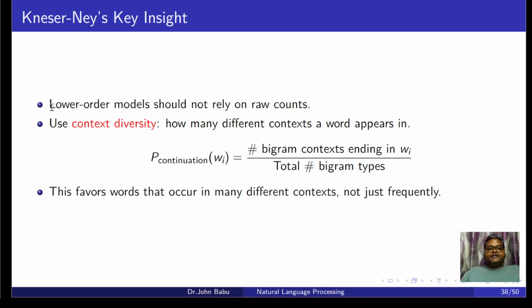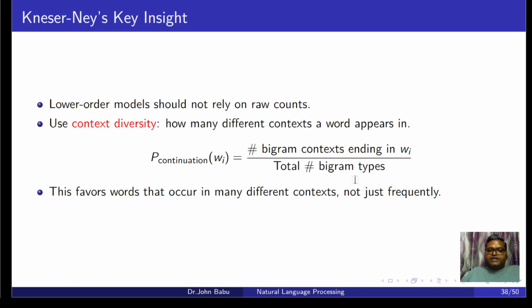So the earlier lower order models, what are they? Backoff smoothing and linear interpolation. They depend only on the count, but this method depends on context diversity: how many different contexts a given word appears in. So here we calculate the probability of continuation of Wi: the number of bigram types ending with Wi divided by the total number of bigram types.